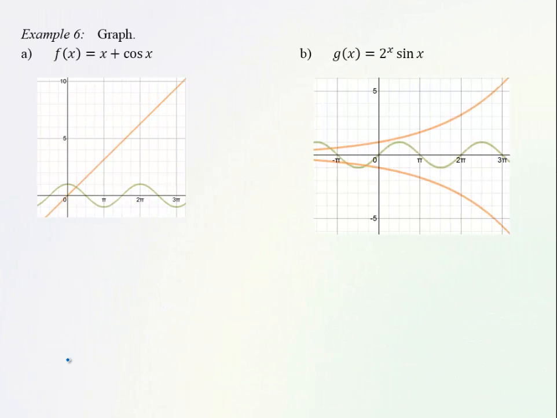And a couple more interesting examples. We need to graph f of x, which is a sum of cosine x and also just x. So we have a graph of cosine in green, we have a graph of y equals x in orange, and in blue we'll try to add them point by point. So 0 plus 1 is still 1.